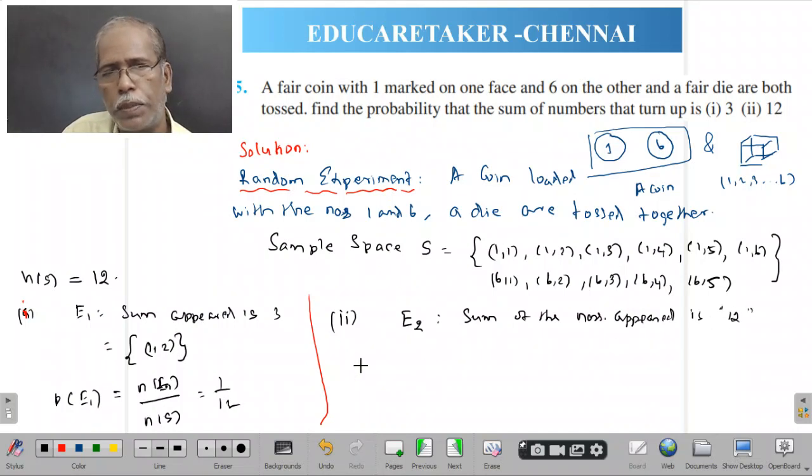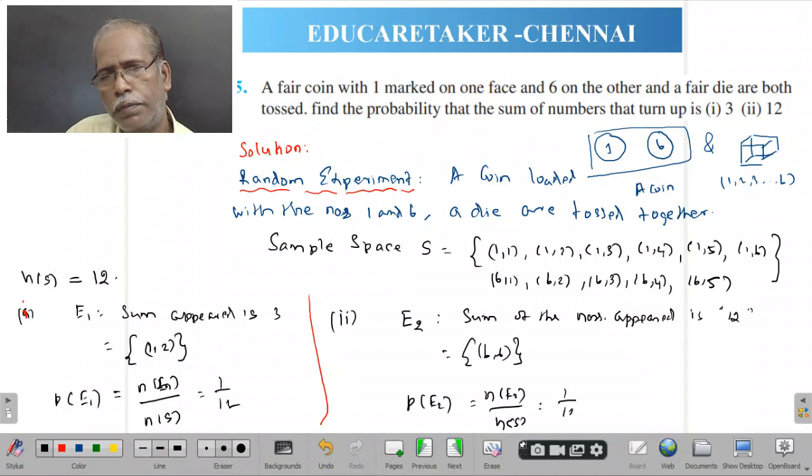Again, there is only one possibility, it is (6,6). Then the corresponding probability P(E2) is n(E2) by n(S), which is 1 over 12. So the probability that the sum of the numbers turned up in the simultaneous tosses of a coin loaded with 1 and 6 and a fair die is 1 by 12, and the probability that the sum is 12 is also 1 by 12.